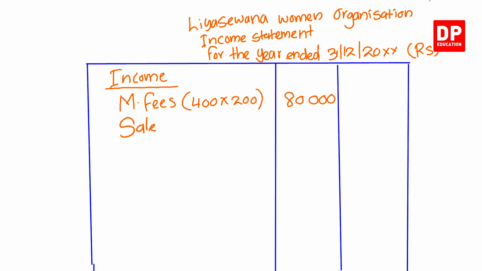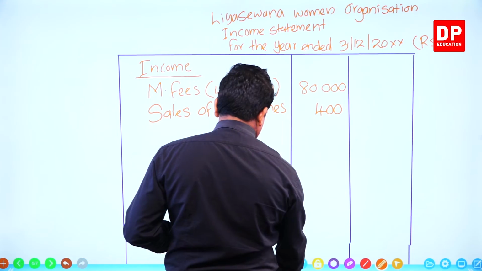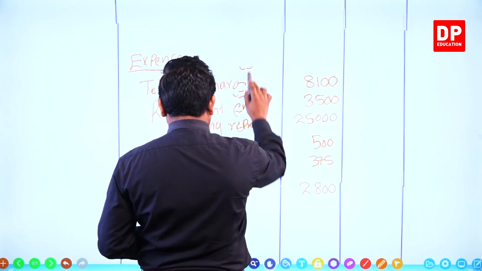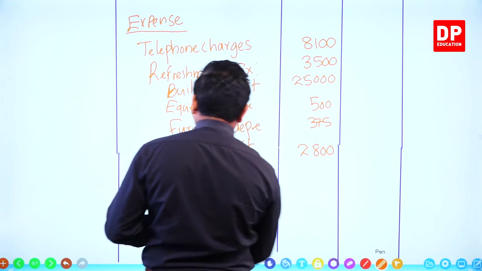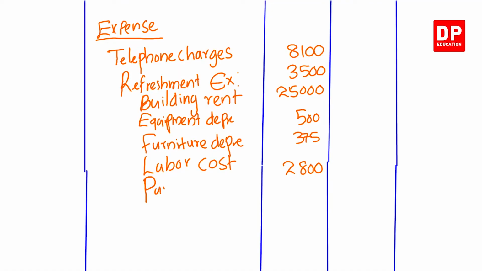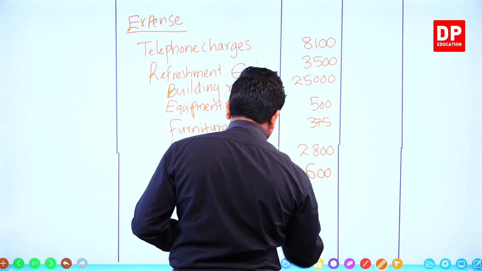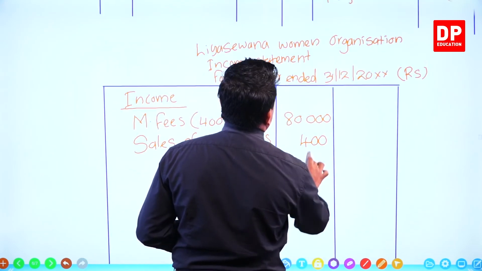Sales of magazines $400. Purchase of magazines 600. Expense, right? Now you move to the next expense or income.